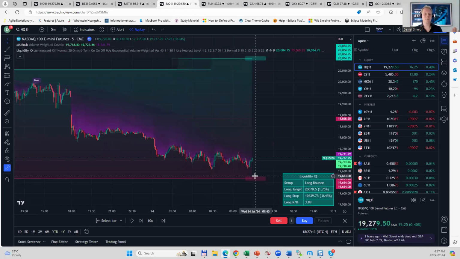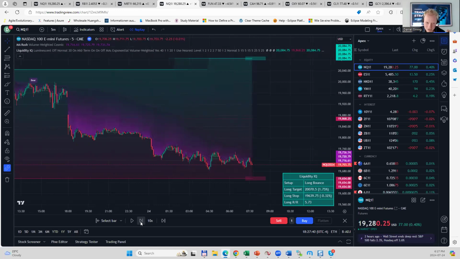At least it's not a perfect setup. Ideally, I would love to see a bullish reading on this indicator and a long bounce setup. This is when we have confluence. Two different indicators confirming the same price direction. But here we don't have this. We have bearish and we are thinking about a long bounce. They're contradicting each other, not perfect. But just keep this in mind.